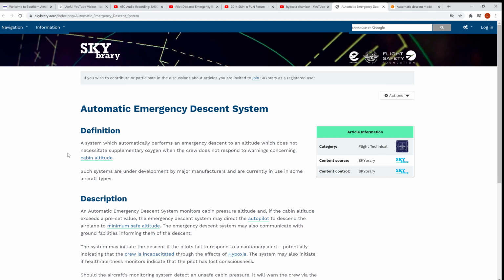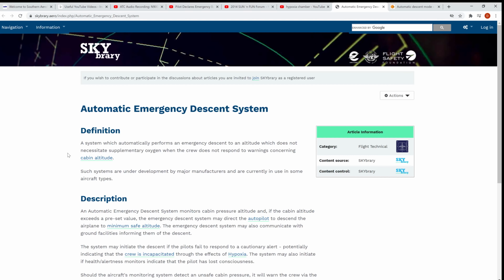This description is primarily concerned with turbine aircraft that are pressurized, and so when the cabin altitude rises because there's been a pressurization problem, the exact way that these systems work does vary from one aircraft type to another. But typically, once the cabin altitude gets above some certain threshold, it alerts the pilot, okay?